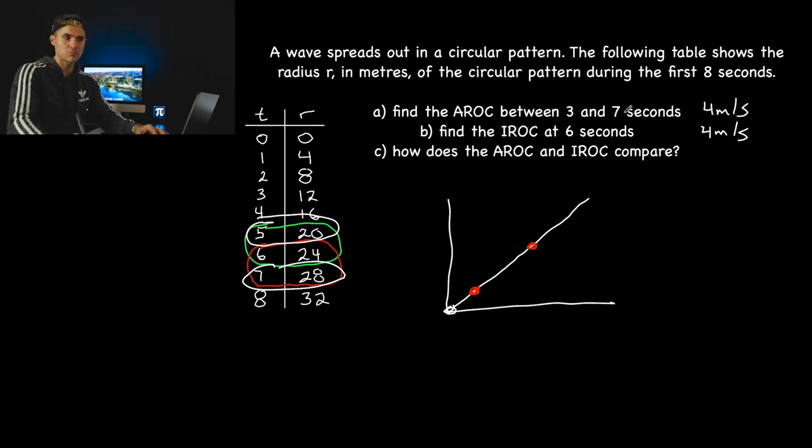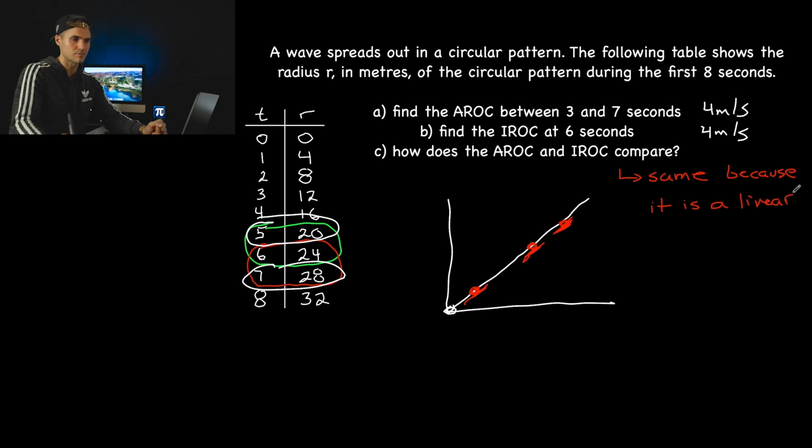We did it between 3 and 7, but between any points, it's going to be 4. And the instantaneous rate of change, if we draw a tangent at any single point, is also going to be 4. For any linear function, the average rate of change and the instantaneous rate of change are the same. So that's what we want to say for part C. They are the same because it is a linear function. That's what they wanted you to notice in this question.